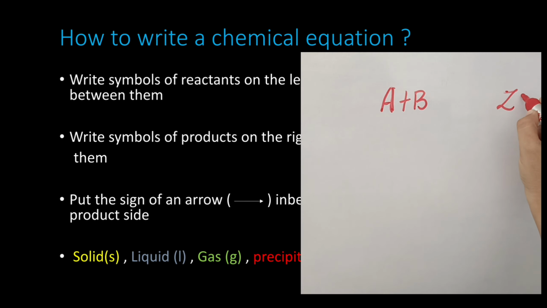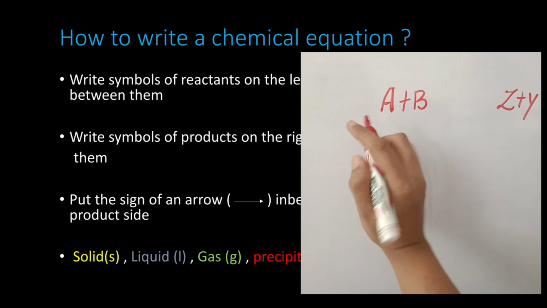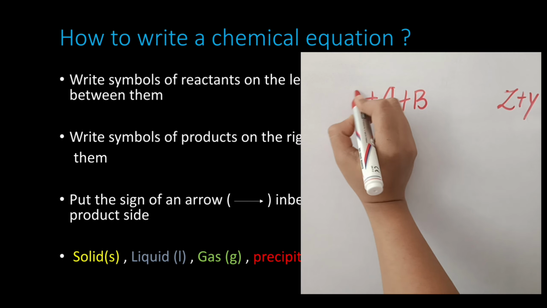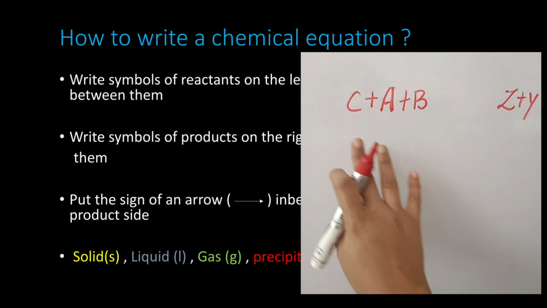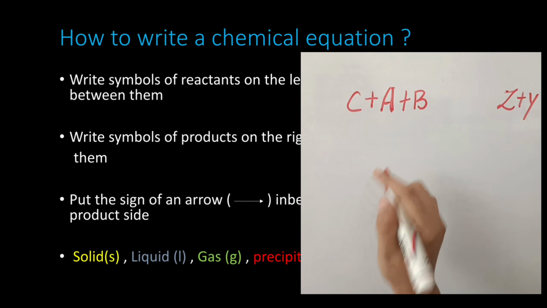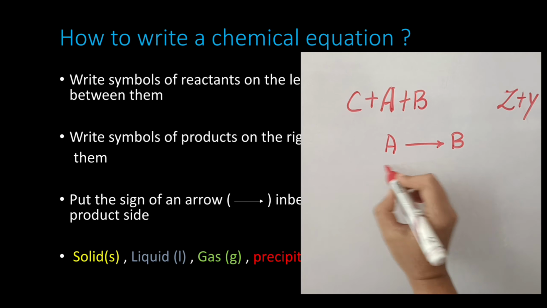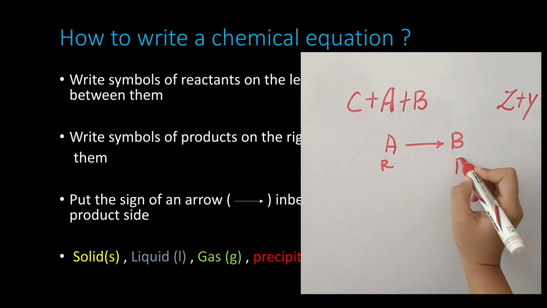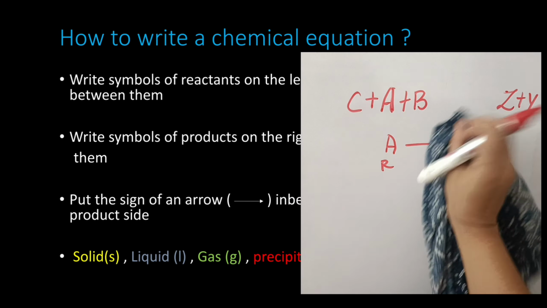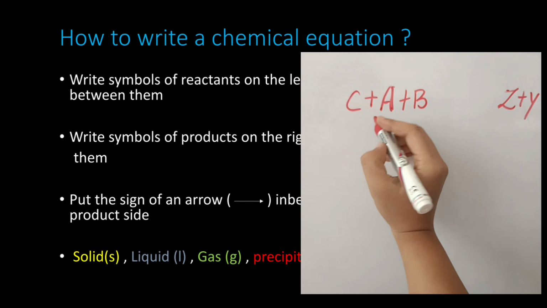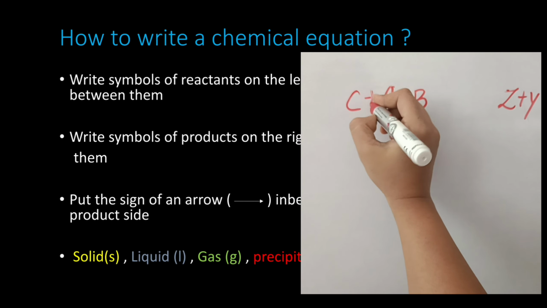Think Z is your product. If there are more products, you can add them with a plus sign and write Z plus Y. If you have one more reactant, add C as your reactant. If there is only one reactant, then A is converting into B. This is your reactant, this is your product. But if there are more reactants, then you separate them by adding this plus sign.